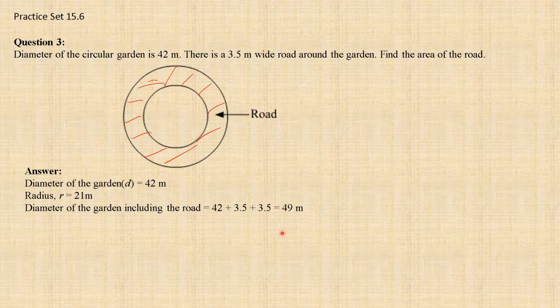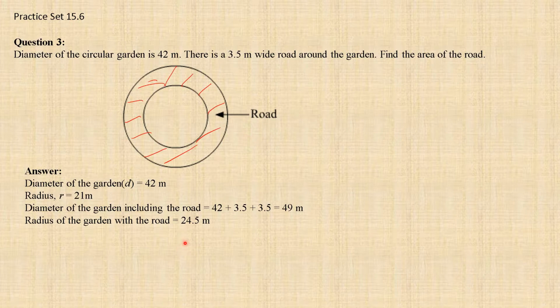So the bigger circle is having diameter 49 and the inner circle is having diameter 42. So the radius of the inner circle is 21 meters and the radius of the outer circle is 24.5 meters.